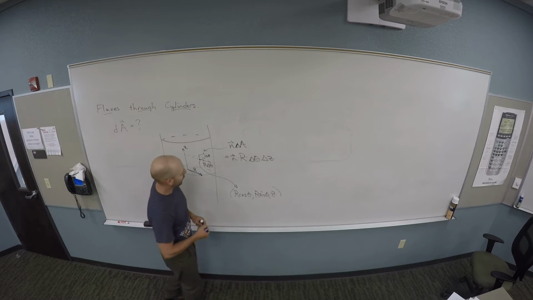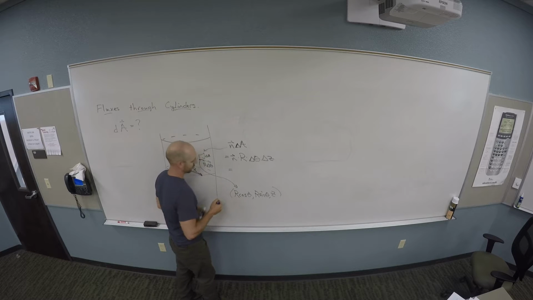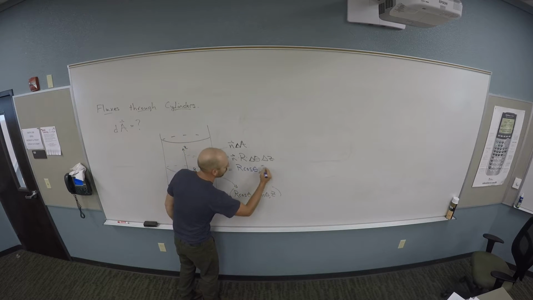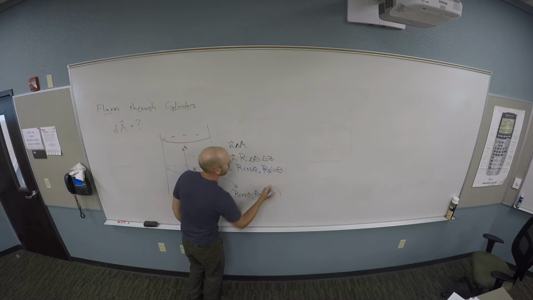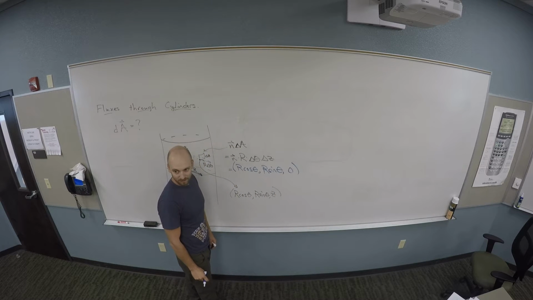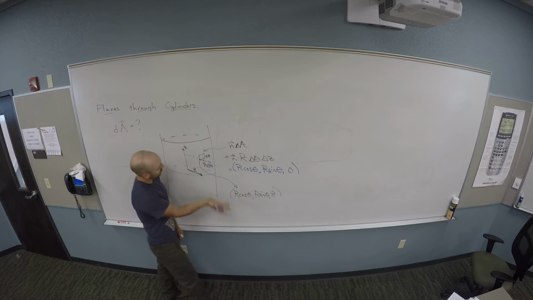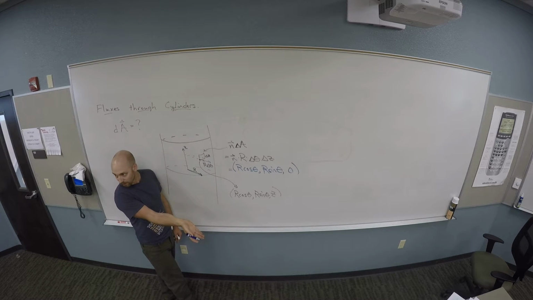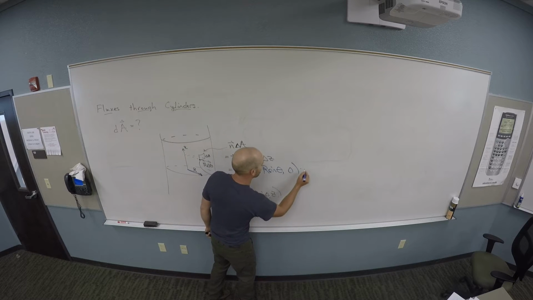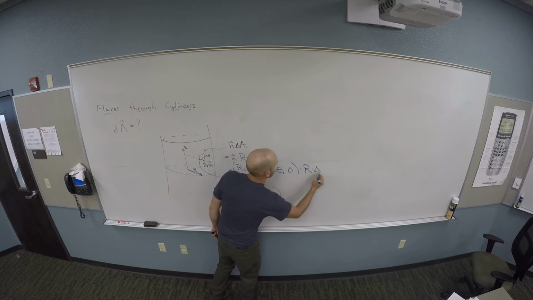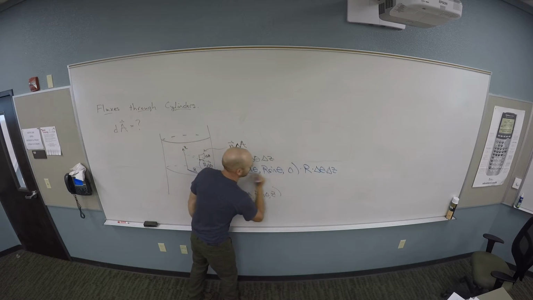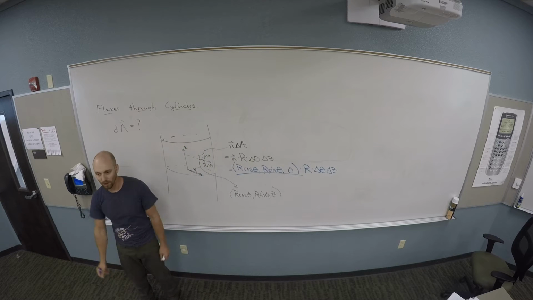So that normal vector there is r cosine theta, comma r sine theta, comma 0. Right, because it's going to be flat. Because if it's got some kick to it, either up or down, then it's not sticking straight out of the cylinder. And then there's going to be an r delta theta delta z.